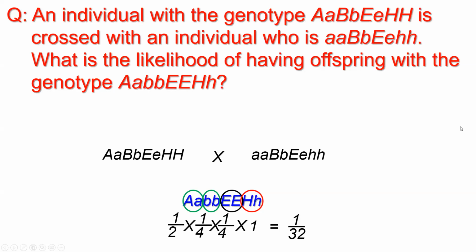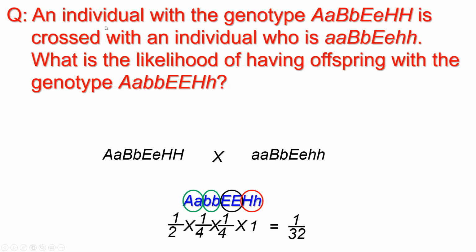How many boxes you would need to create to be able to figure out an offspring with this genotype? It will be tedious, too much work. If you are talking about how many genes are involved in this process: 1, 2, 3, 4 genes. That would be hard to do.